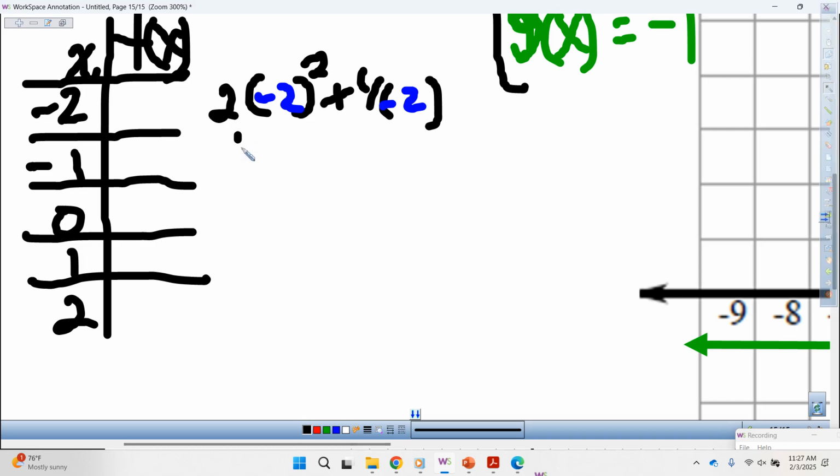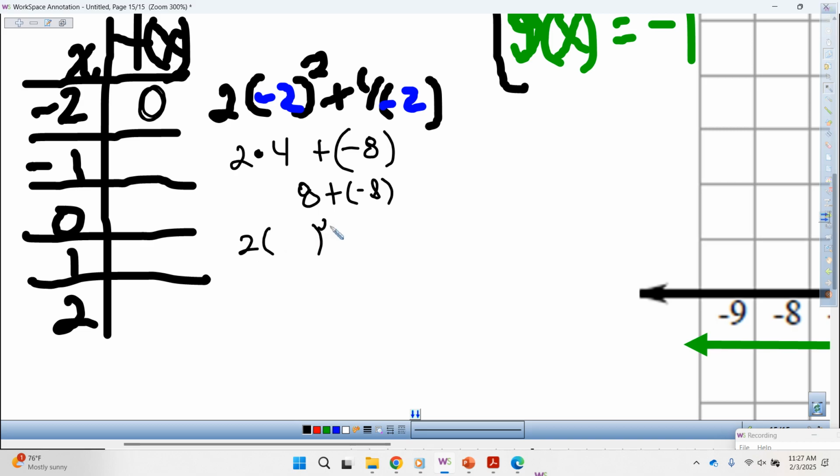This is 2 times, what is 2 squared? 4. Plus, what is 4 times negative 2? That's negative 8. So what is 2 times 4? 8, plus negative 8, and that gives us 0.